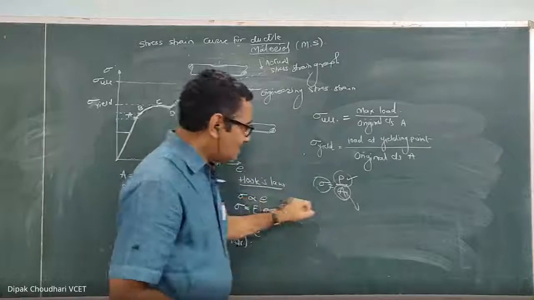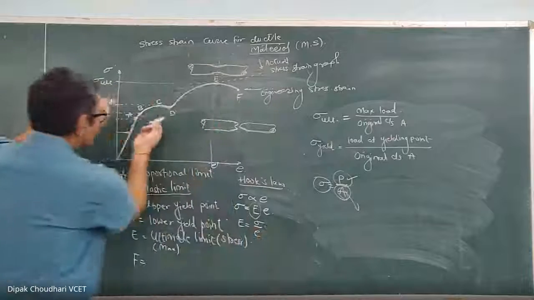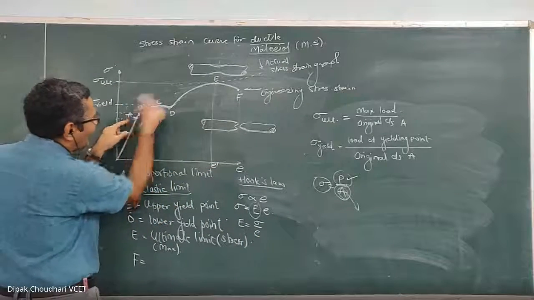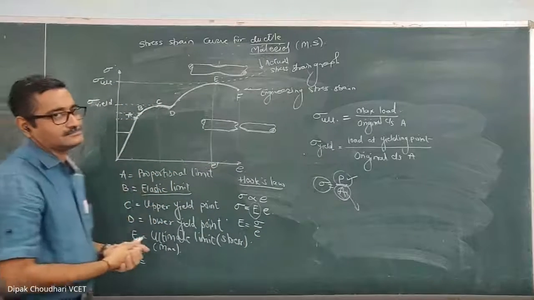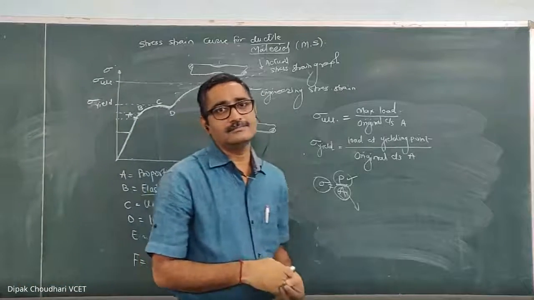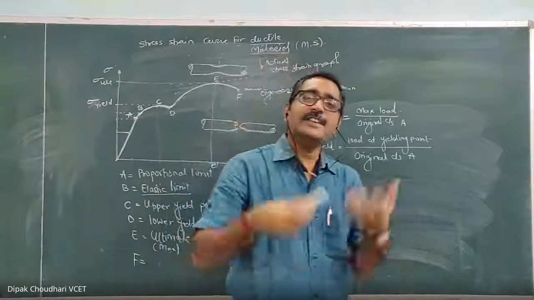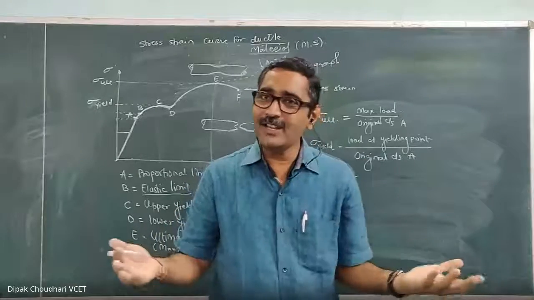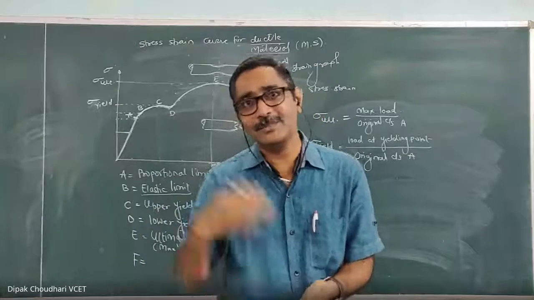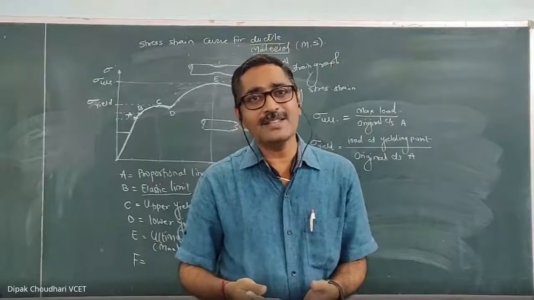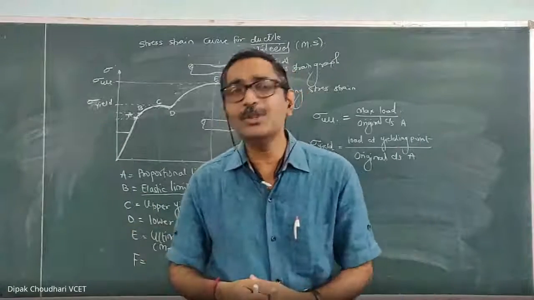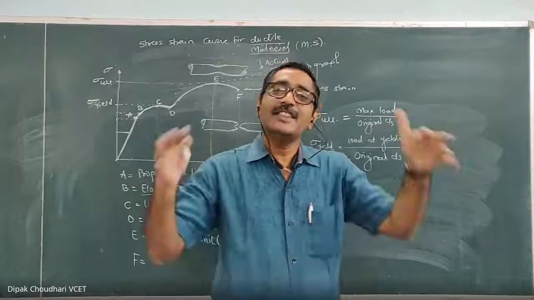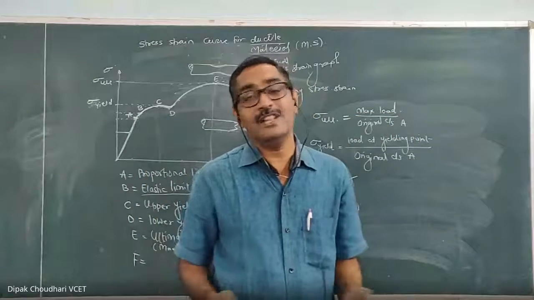Now, if I take the value of the stress beyond this elastic limit, and I apply the load, the material will elongate and enter the plastic zone. And once it enters the plastic zone, even if we remove that load, the permanent deformation will not disappear.